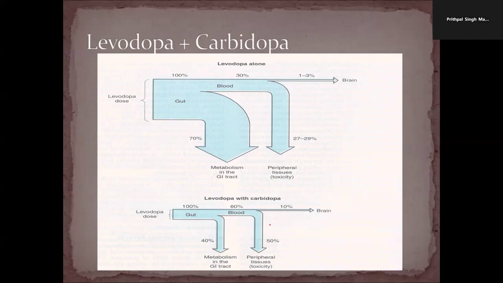So as the name suggests, these are drugs that inhibit the enzyme peripheral dopa decarboxylase. So levodopa plus carbidopa, the two together. If you look into this picture, look at what is happening out here. 100% is given here, and the majority of this levodopa is metabolized. Some of it is metabolized by COMT and what is the other pathway.